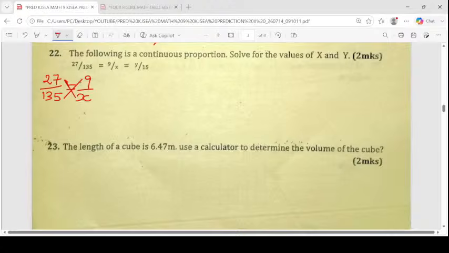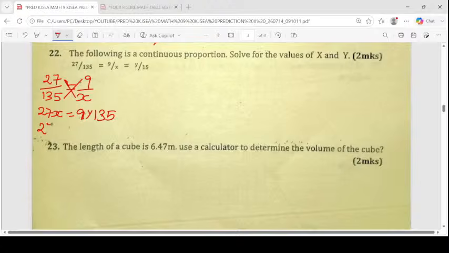When you cross multiply 27 times x, this will become 27x is equal to 9 times 135. You take 9 and multiply it by 135.